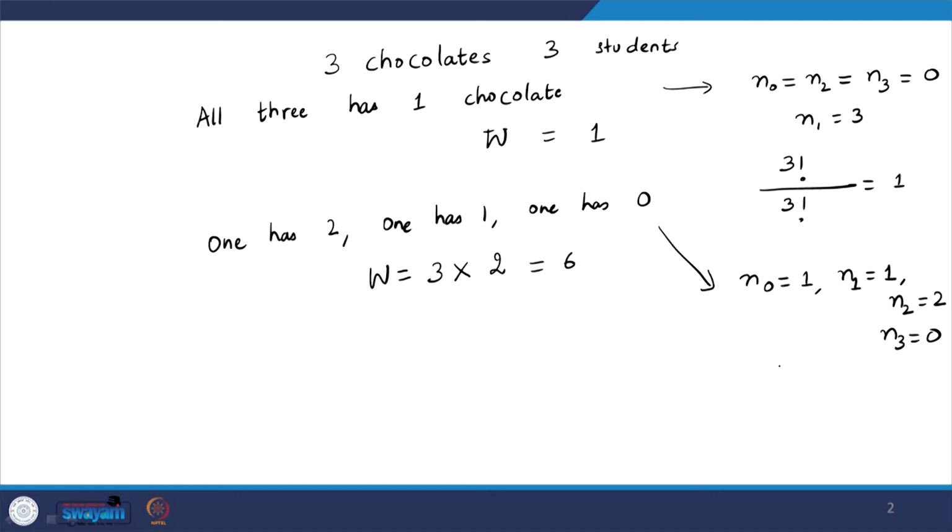So the answer will be 3 factorial by 1 factorial, 1 factorial, 1 factorial, 0 factorial, and that gives me 6 number of ways, right.